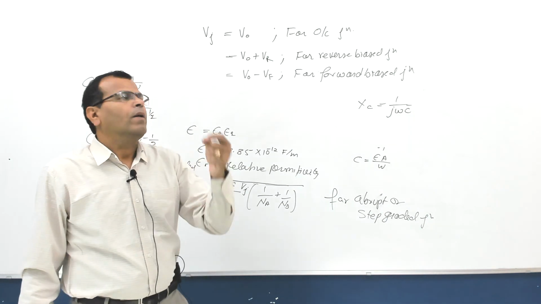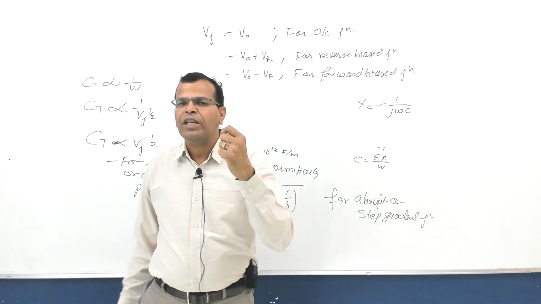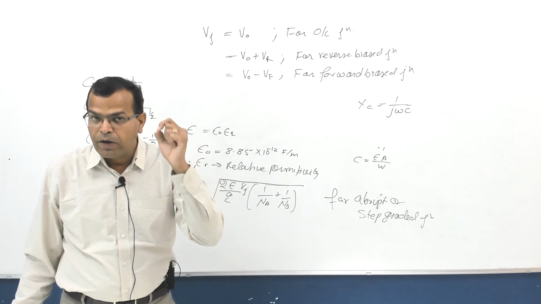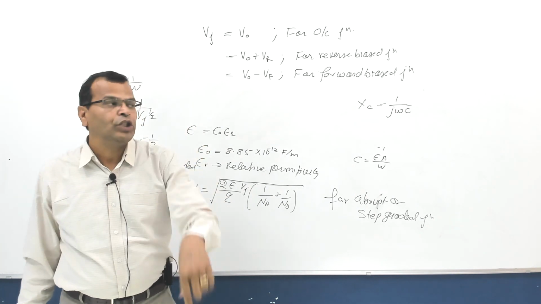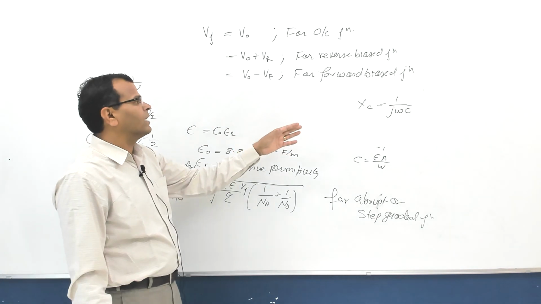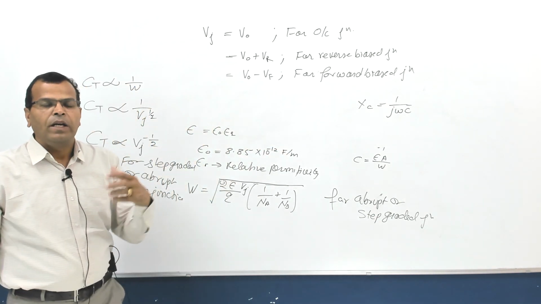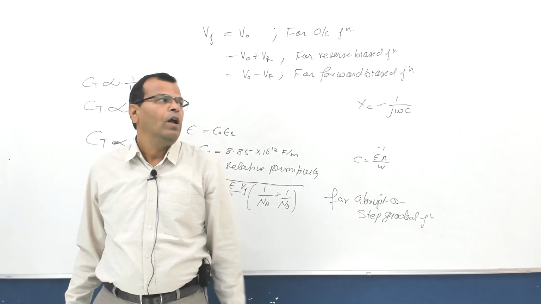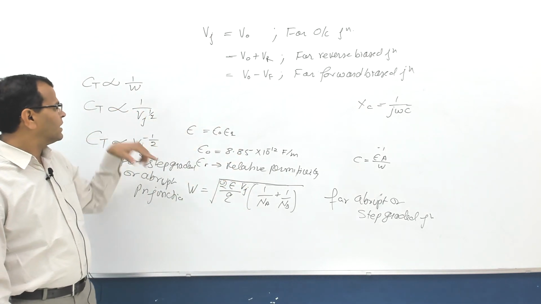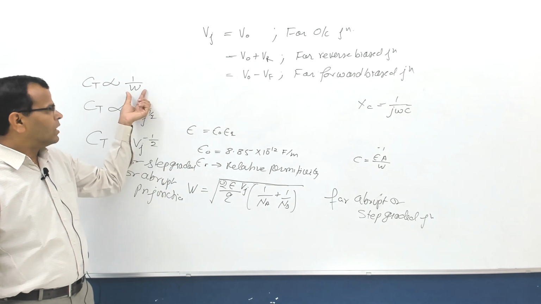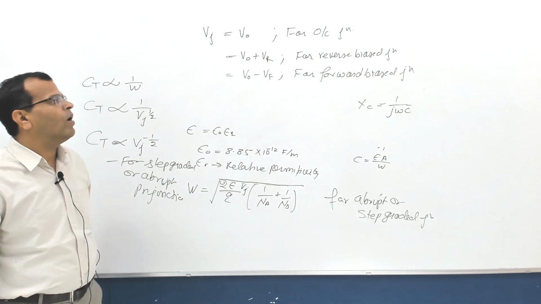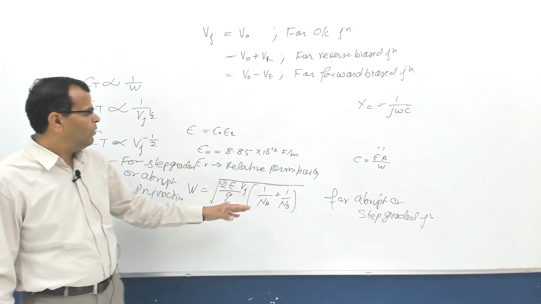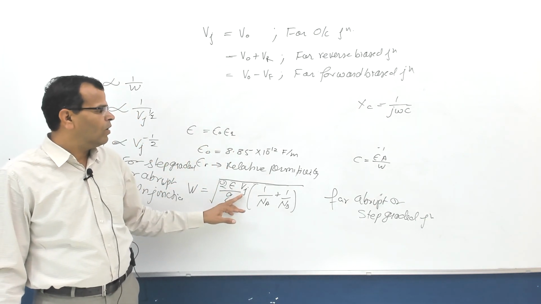But remember, the transition capacitance plays an important role in reverse biased PN junction. Why? Because reactance in that case will be small. Reactance offered by the junction to small signals will be small when C is large, and C is large when W is small. W will be small when V is small.